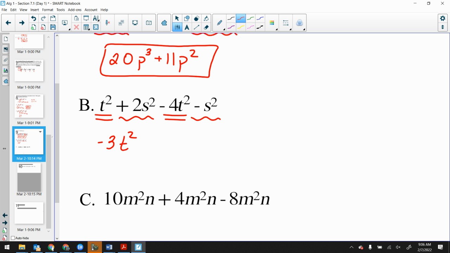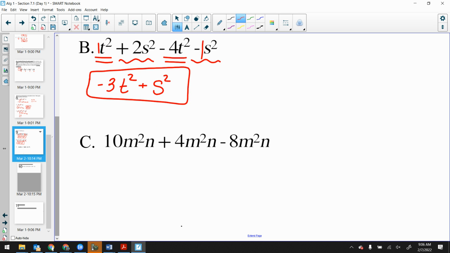S squared. Just an s squared. Yeah. How did you get, like, wouldn't it be minus 4t squared? This is a 1. 1t squared minus 4t squared. Just like this is a minus 1 here too.